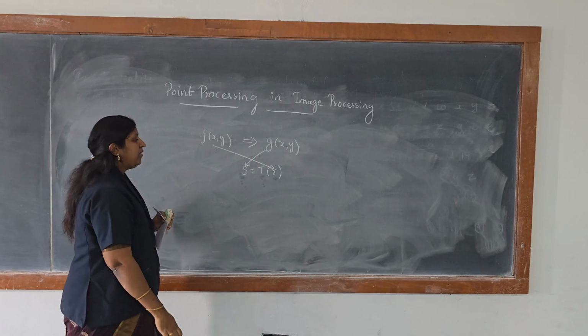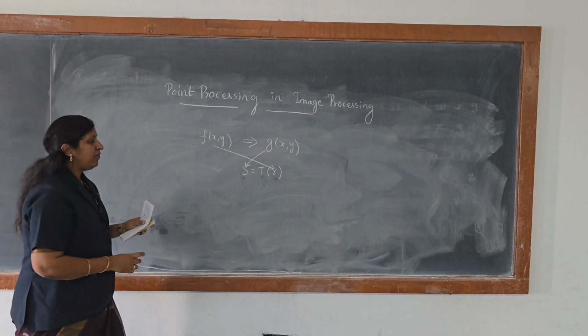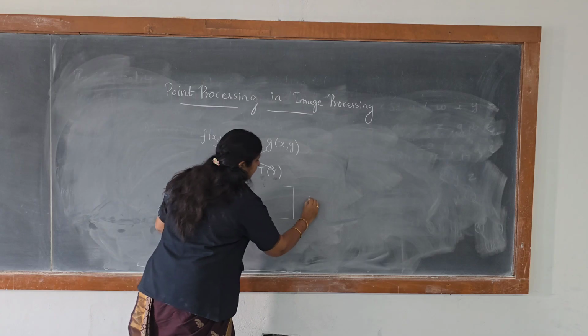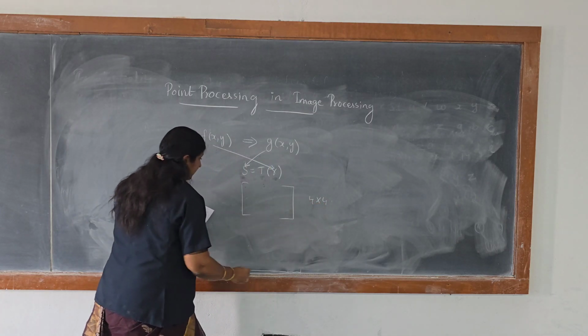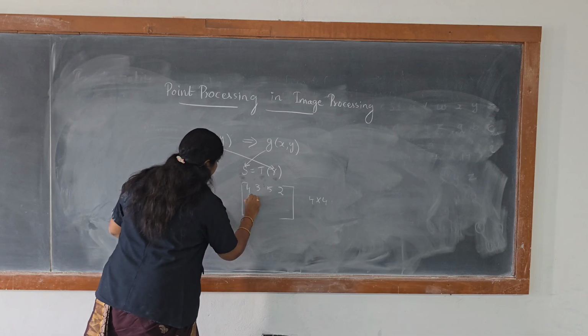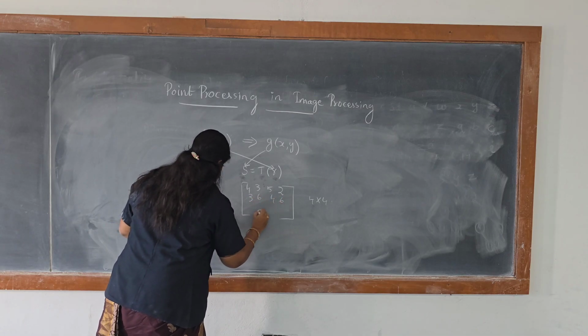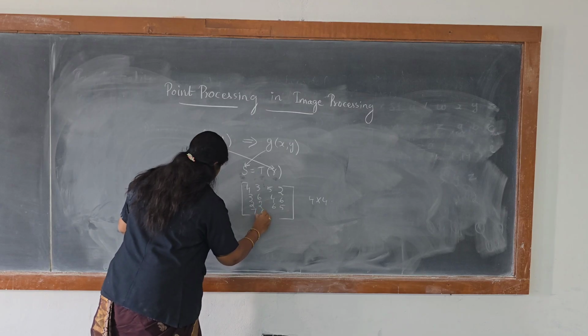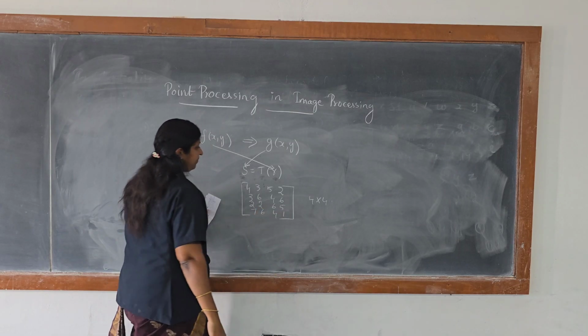Clear? Now we can see one image matrix. It's a 4x4 image matrix. The values are 4, 3, 5, 2, 3, 6, 4, 6, 2, 2, 6, 5, 7, 6, 4, 1.